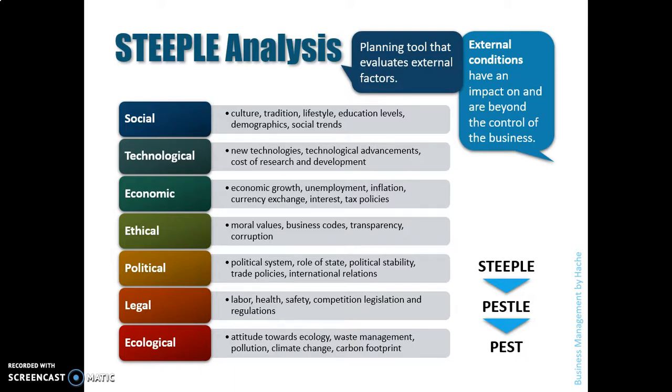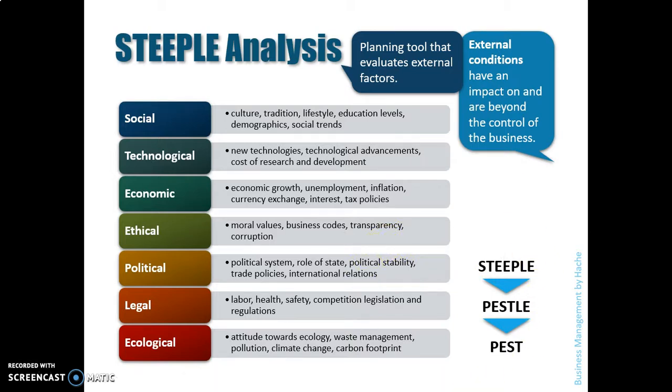And this is how the PEST became PESO, and then the PESO became STEEPLE, because we have started to consider more aspects to make sure that we are doing the right thing, setting ethical, proper objectives, and getting profit without seriously affecting the environment and the ecology, and following expectations, culture, and rules in every area where we are set. So this is it. This is the STEEPLE analysis, and these are the 7 external factors.